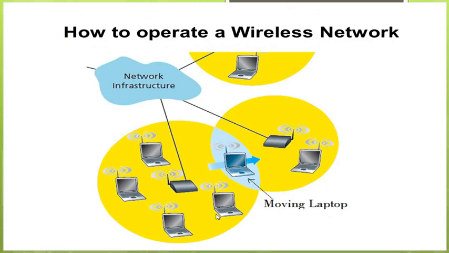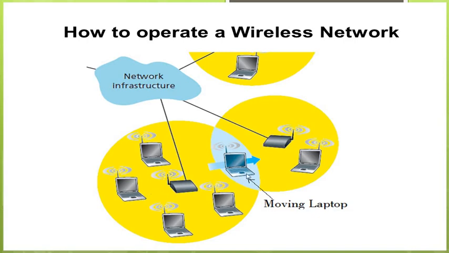Let's see how to operate a wireless network. A wireless network may be operated in an infrastructure mode, that is, a wired network which is connected to the internet. Here the base station connects the mobiles or laptops to wired networks.